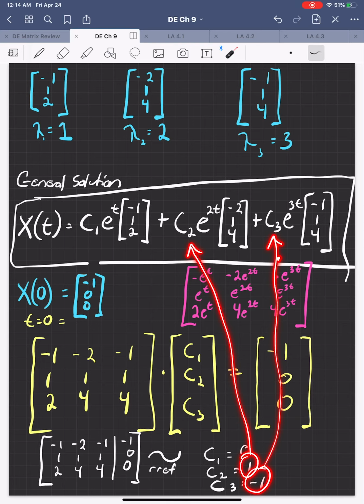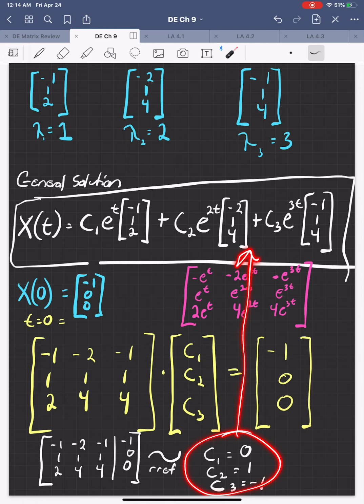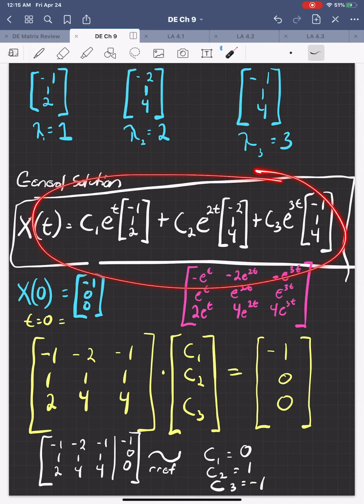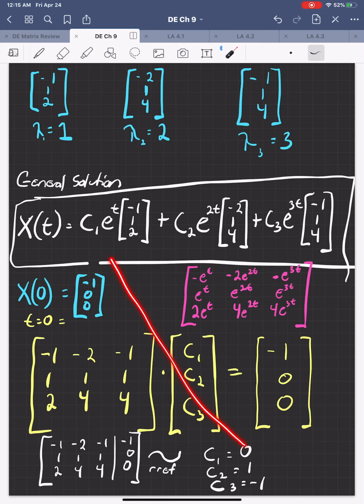Listen, these arrows that I'm drawing are not optional, because it's not my job to hunt through your work and try to figure out what the particular solution is, right? It's not the client's job to piece together what the product is from your scratch work. It's your job to present the product, right? And the only thing that you need to do is plug in for C sub 1, C sub 2, and C sub 3. And then you actually have the particular solution to that system of differential equations.